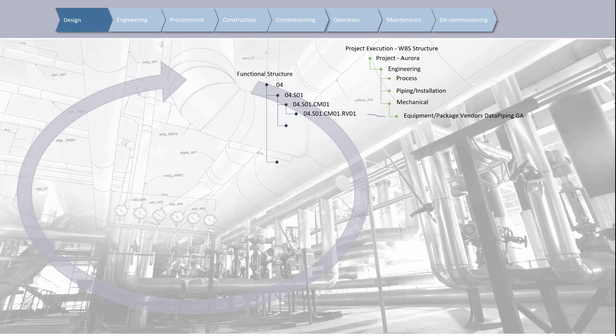The functional structure, or the tag structure, represents the functional decomposition of the multidiscipline plant design, which includes design from process engineering, mechanical, piping, material and installation, electrical, and instrumentation and civil.